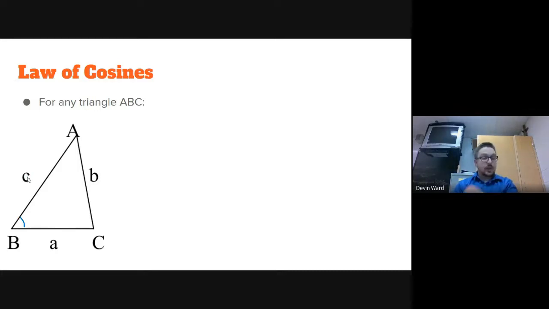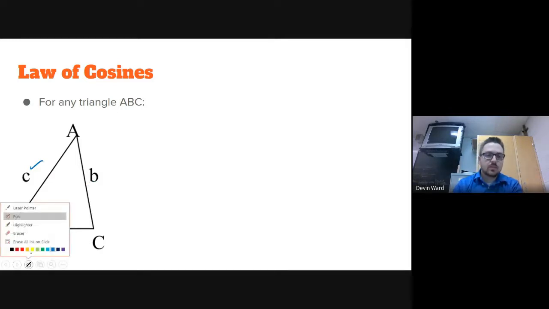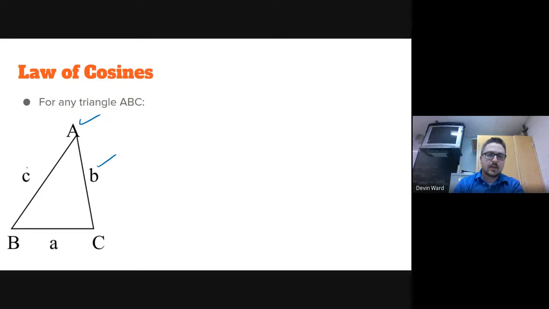But say if we knew angle B and angle A, or side length A and side length B, we wouldn't be able to find anything using the sine law because we need to know angle B and little b. Or maybe we know angle A, we know side B, and we know side C, but we don't know anything else.